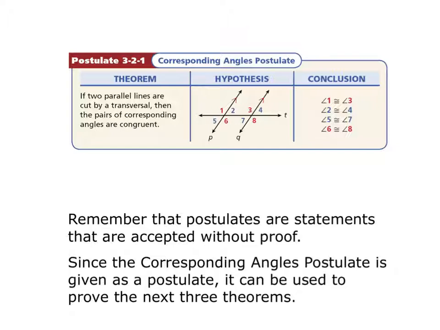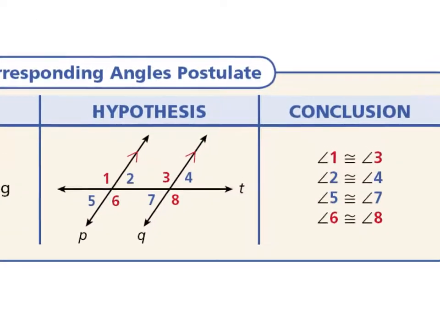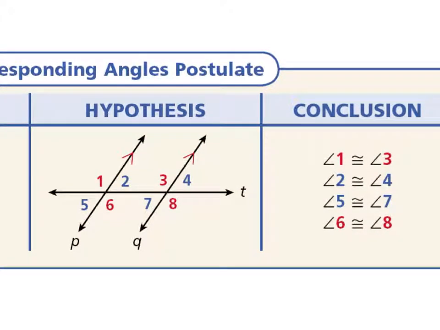So this is our first postulate, corresponding angles postulate. If two parallel lines are cut by a transversal, then the pairs of corresponding angles are congruent. So in this case, what would be the relationship of angle 6 and angle 3?